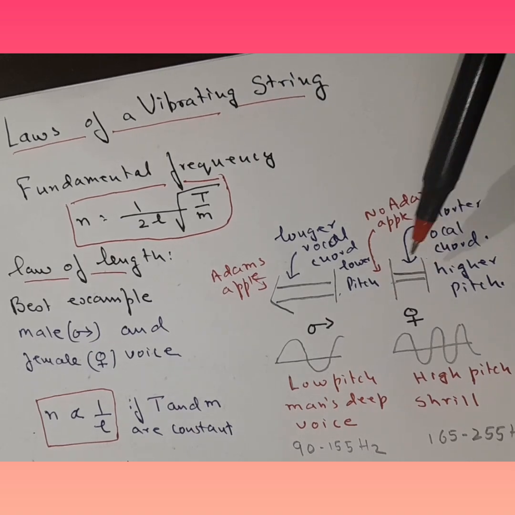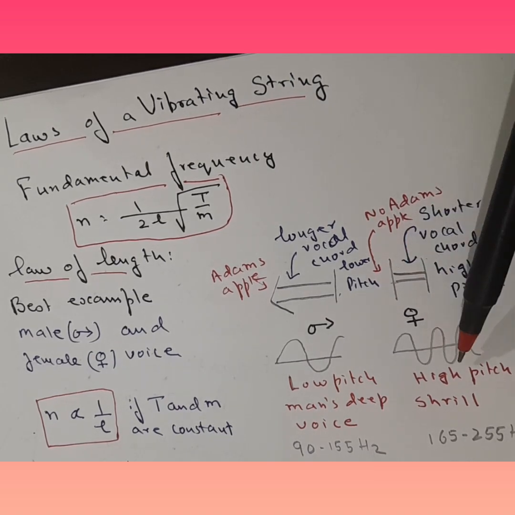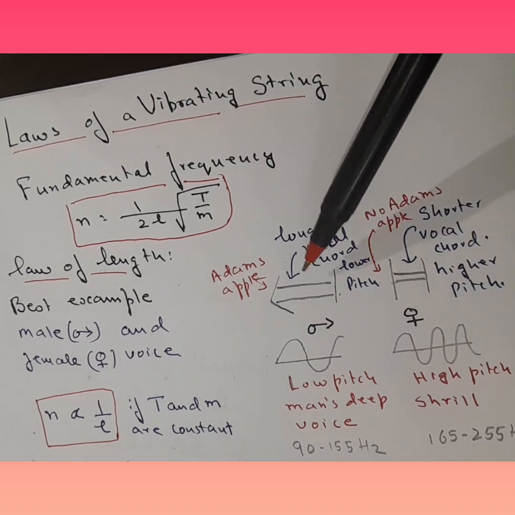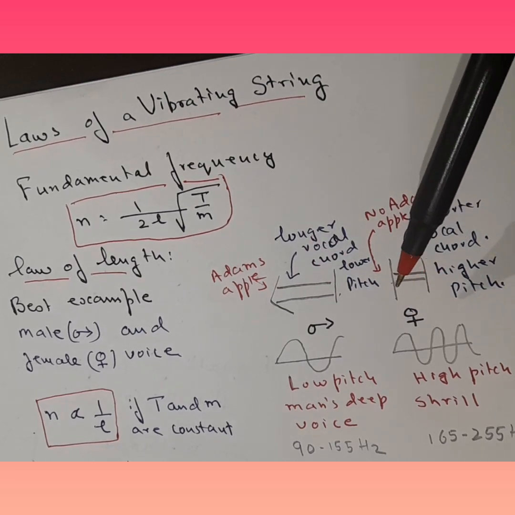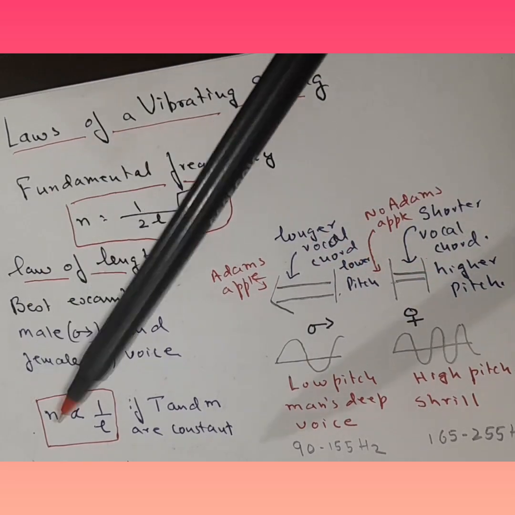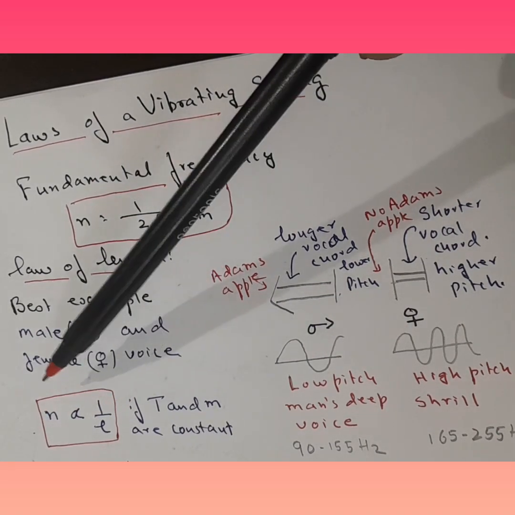Shorter the length, higher the frequency, higher the pitch and shriller the voice. So by the example of vocal cord of male and female, it's easy to understand the relationship of frequency with length. Inversely proportional.